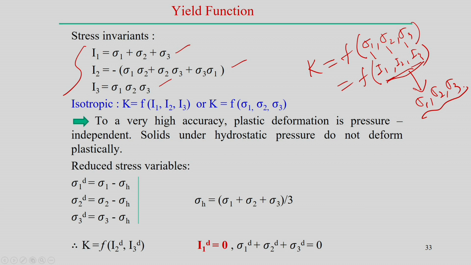So, for an isotropic material we can represent K either as a function of the stress invariants or as a function of all three principal stress components.